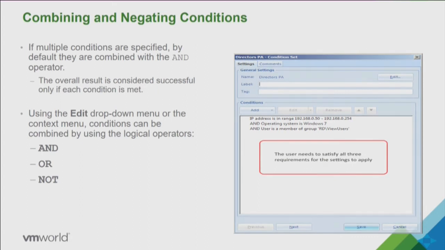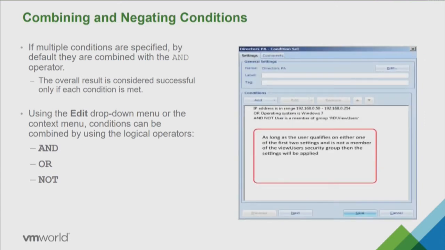But we're not limited to doing ANDs. There are OR statements, and we can NOT the AND and the OR. So you can do very sophisticated analysis of the condition of that UEM client to filter out exactly what you wanted. Okay. All right.